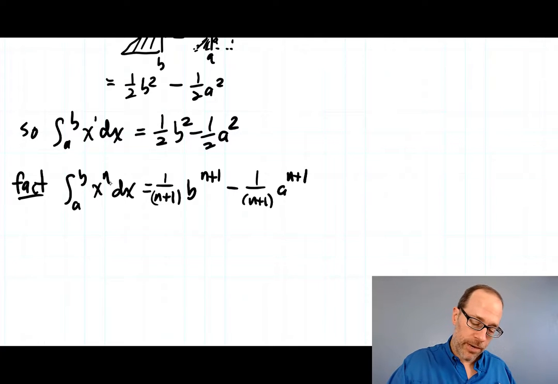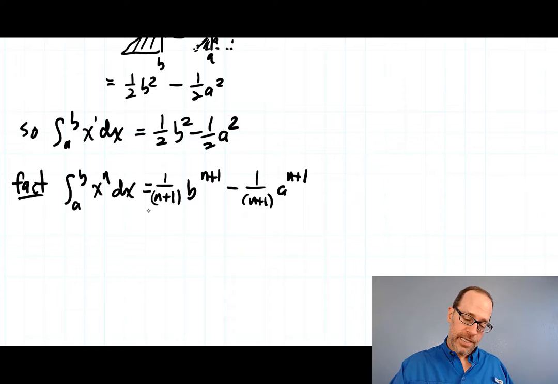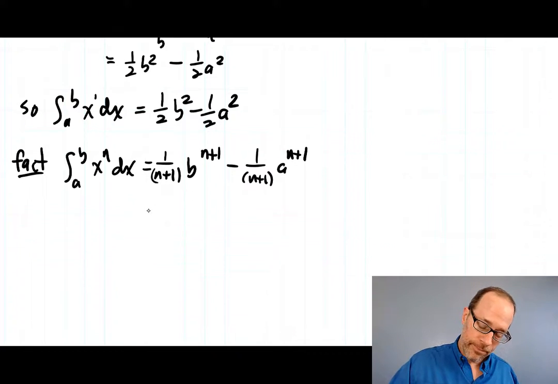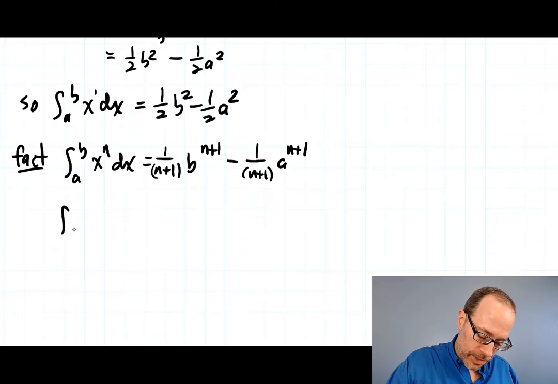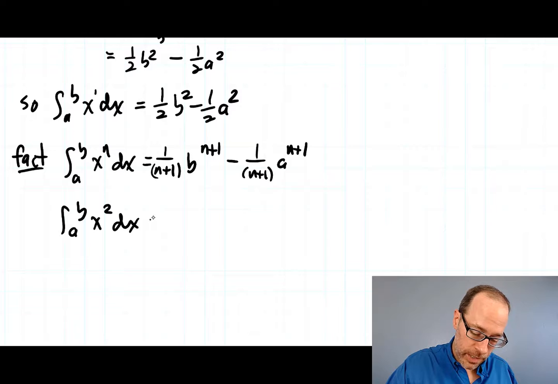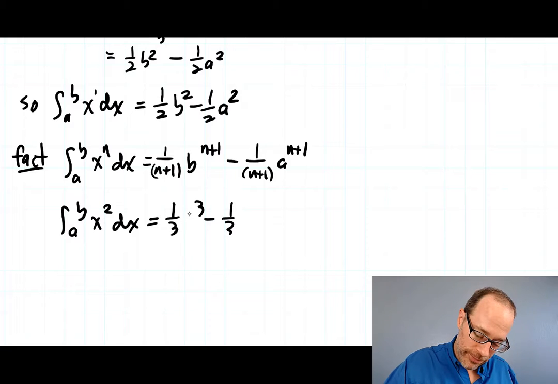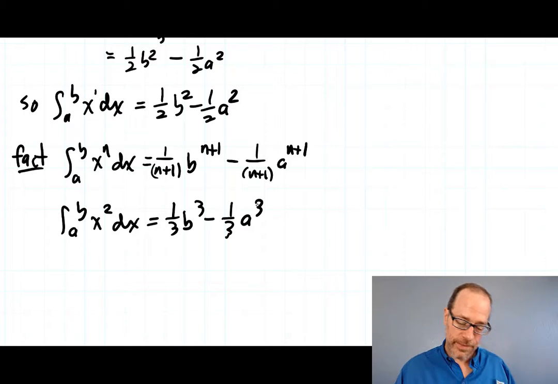You increase the power n to n plus 1, plug in the a's and b's there, and divide out by the n plus 1. As a special case, the integral of x squared will be 1/3 b cubed minus 1/3 a cubed.